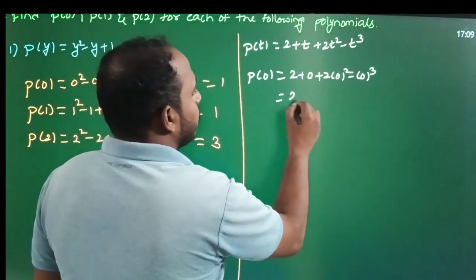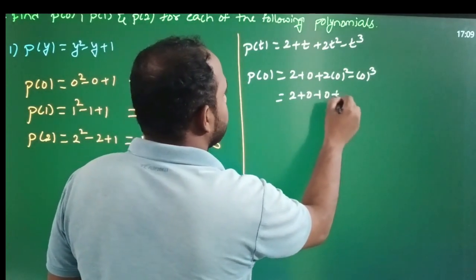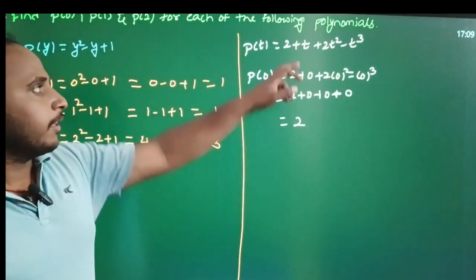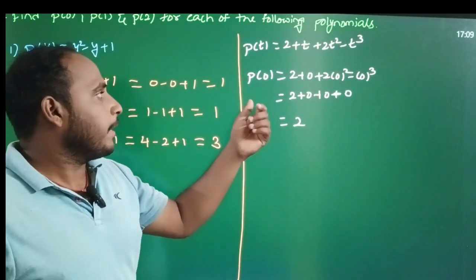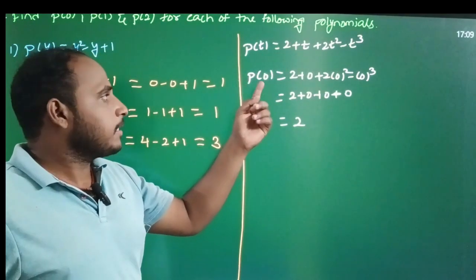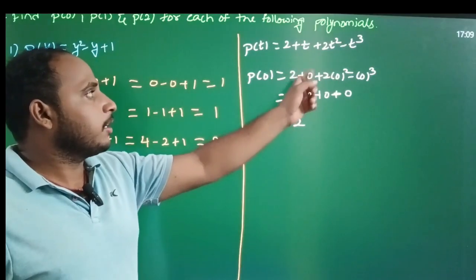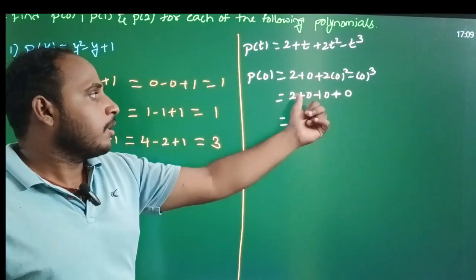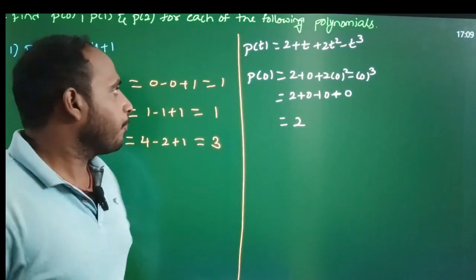Now 2 plus 0 plus 0 plus 0 which is equals to 2. Here in the place of t we replace by 0. Therefore 2 plus 0 plus 2 into 0 square minus 0. Here 0 plus 0 plus 0. 2 plus 0 plus 0 is 2.